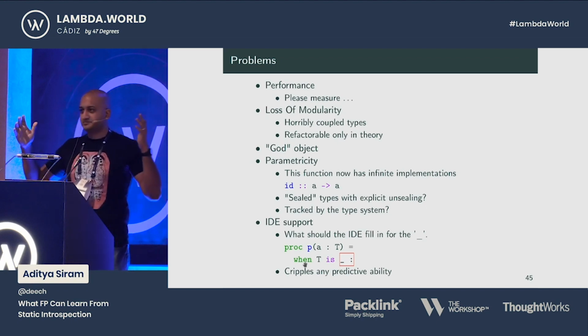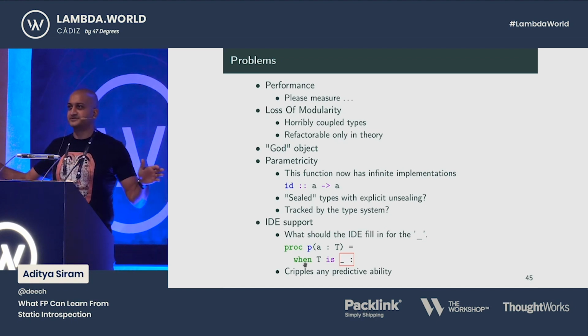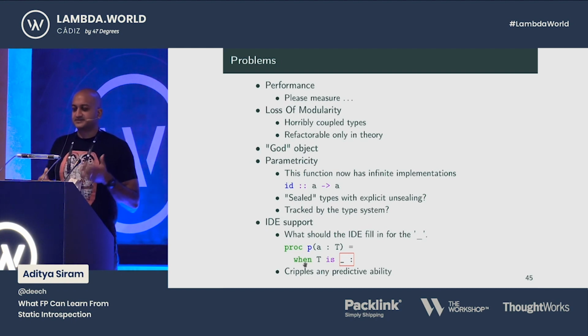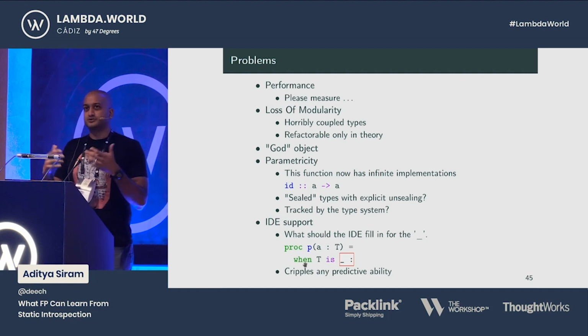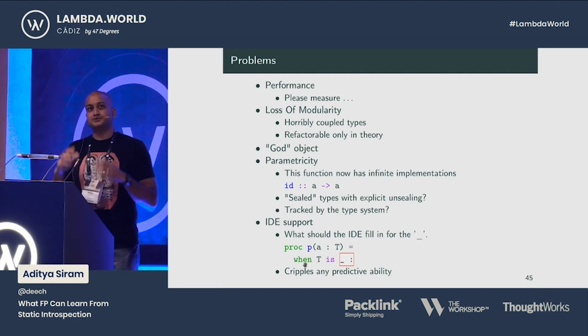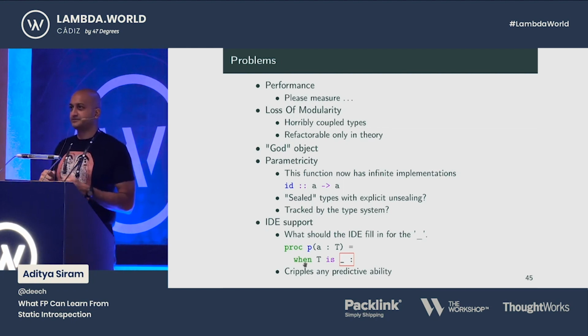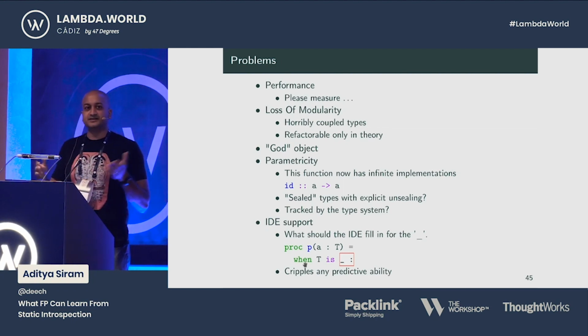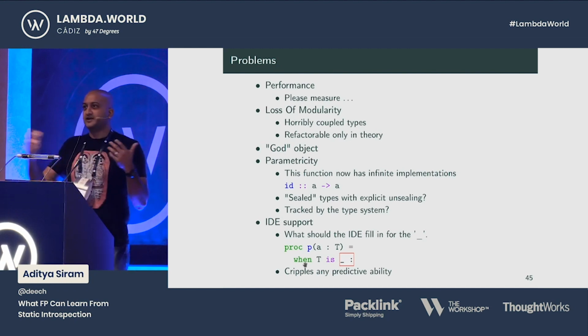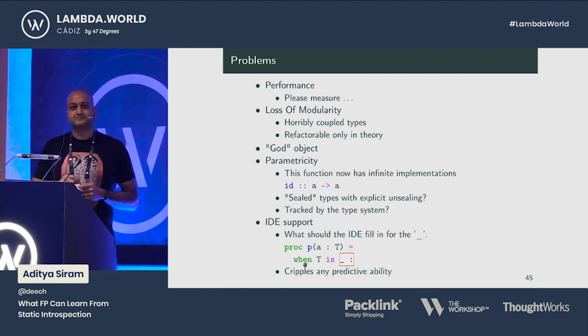And one of the biggest things, especially coming from the typed functional side, is that I think this completely defeats parametricity. Parametricity is the idea that, for instance, if you pass a function an a, a lowercase a, it shouldn't be able to do anything with that except pass it out. So once you have parametric polymorphism, id from a to a has only one implementation, right?